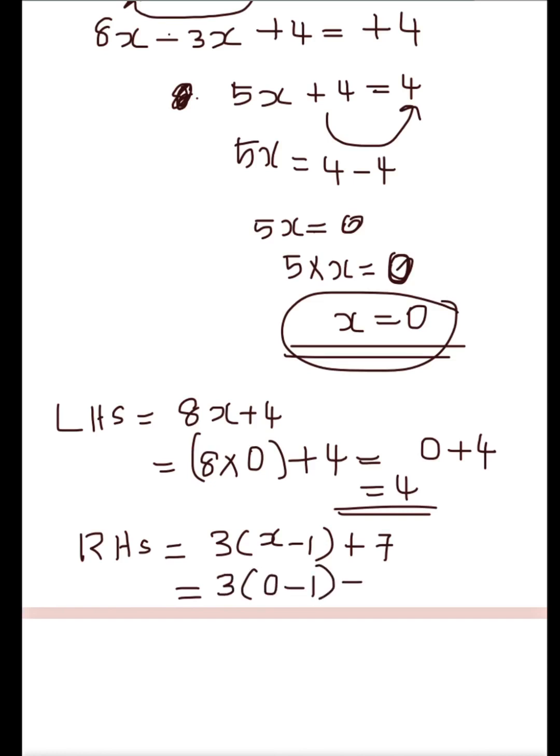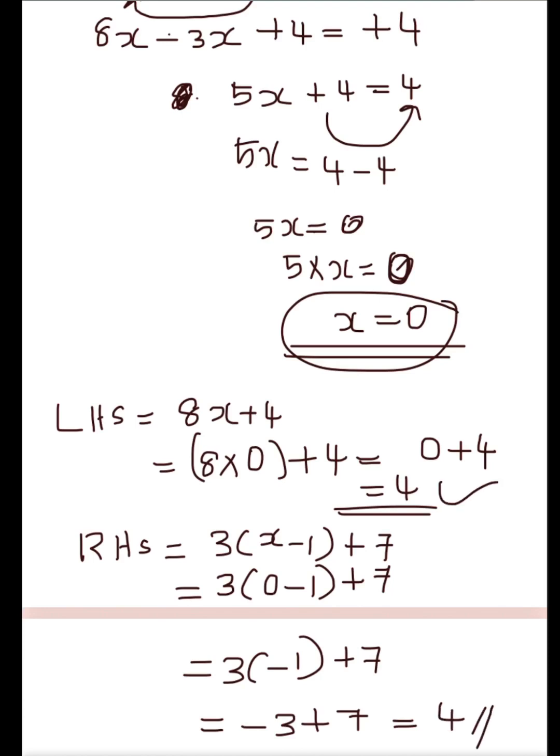So 0 minus 1 plus 7. That means 3 into what is 0 minus 1? It's minus 1 plus 7. Or we can write it as, what is 3 into minus 1? It's minus 3. So minus 3 plus 7. What is minus 3 plus 7? It's 4. So you got LHS as 4 and RHS as 4.